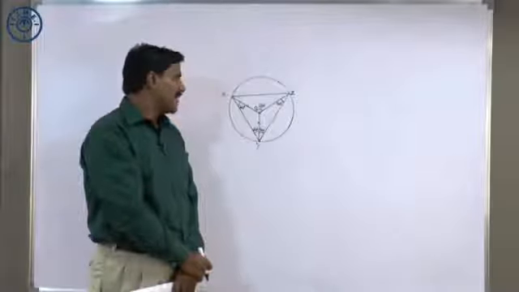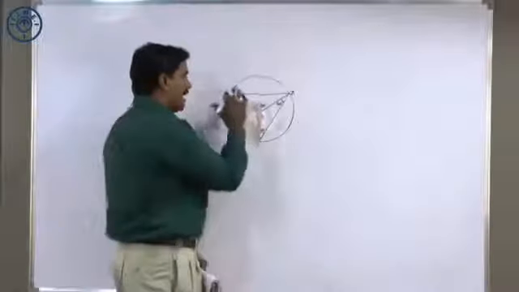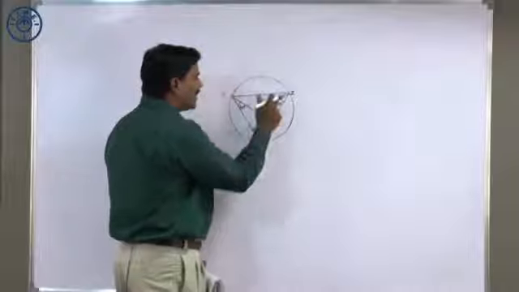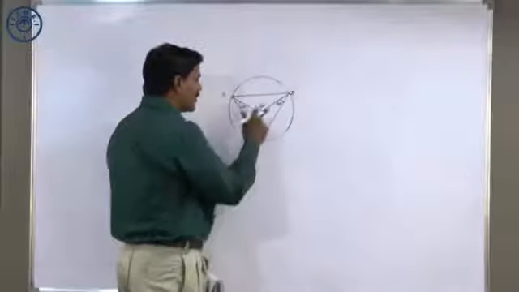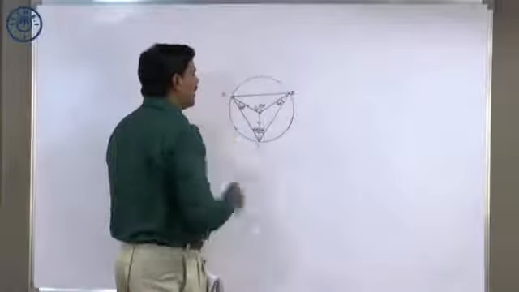As the question is interested in finding how much is XZO, again the same logic: OX and OZ are the radius of the circle. So OXZ and OZX must be equal angles.